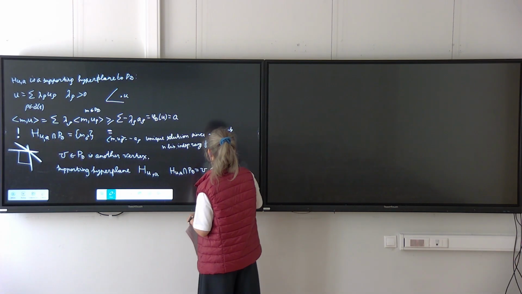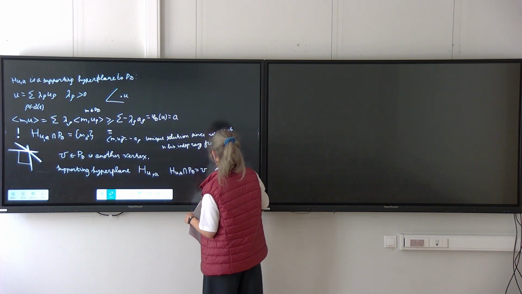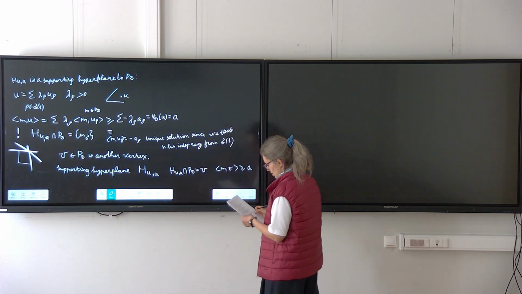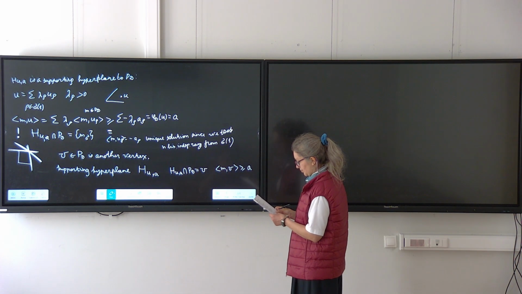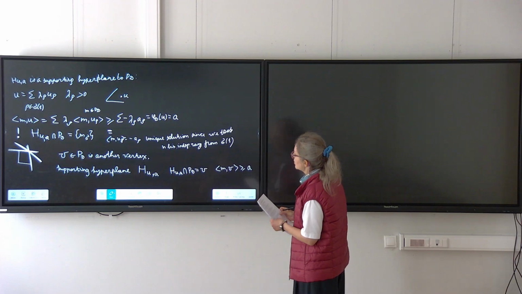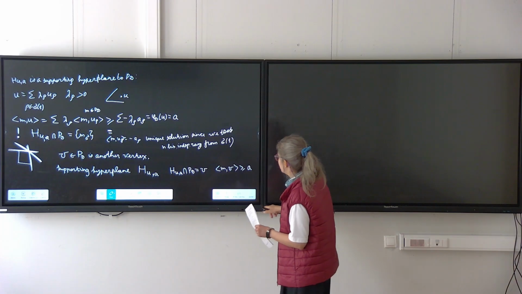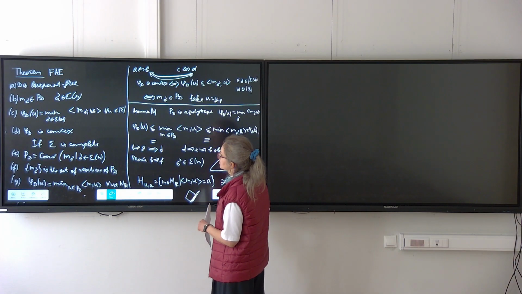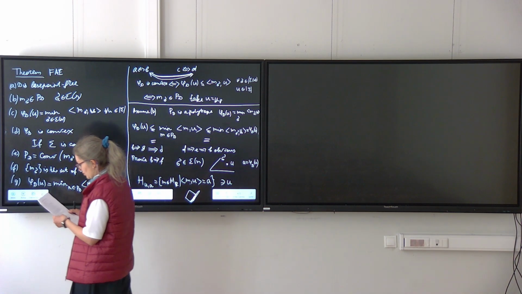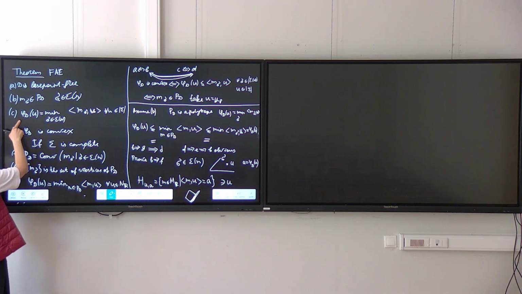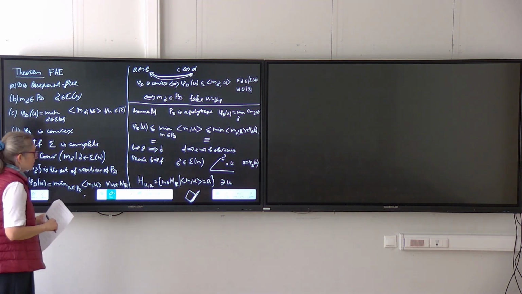So we know that M(V) is greater or equal than A. But we know that B was equivalent to all the other statements. So this is true. Okay?